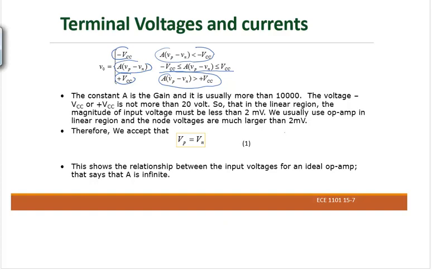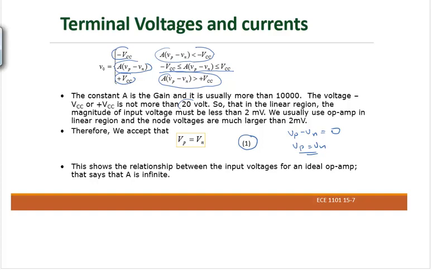We talked about before, the voltage difference between VP minus VN is close to 0, which in the ideal case equals 0, then VP equals VN. This is equation 1. Because the gain is large, the output will not go beyond the supply if you want to work in a linear area.